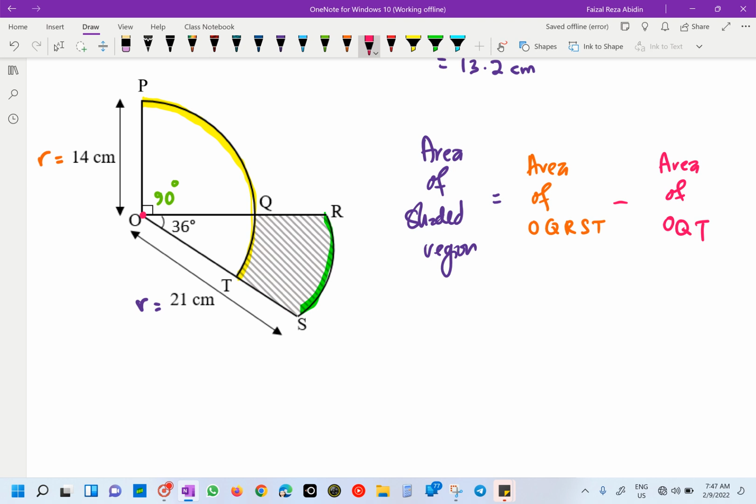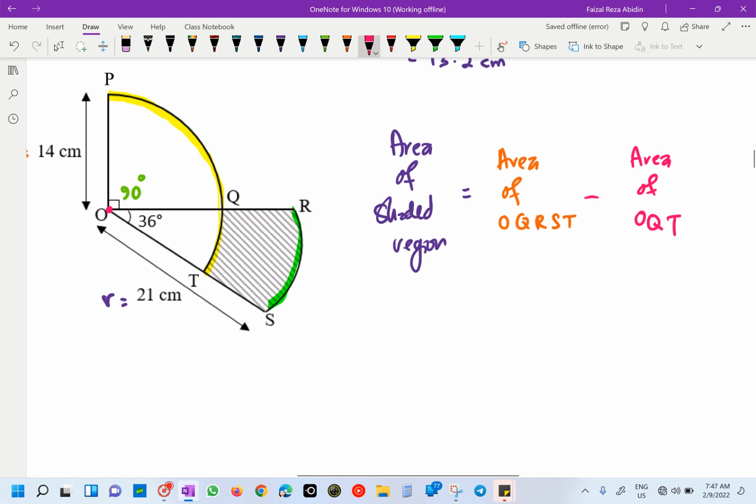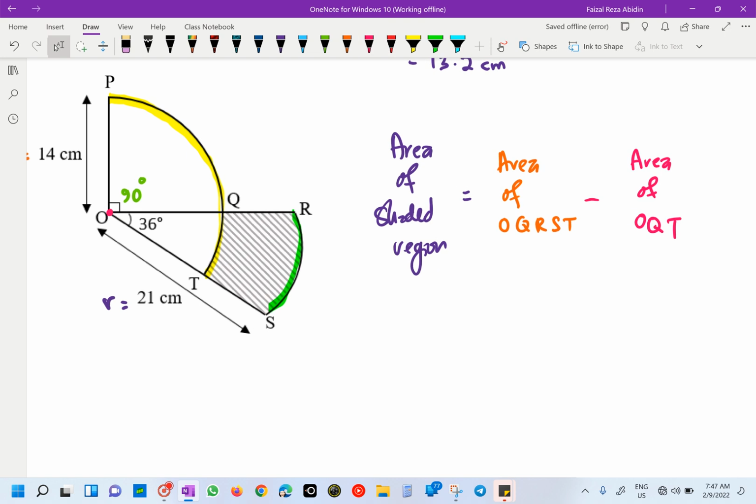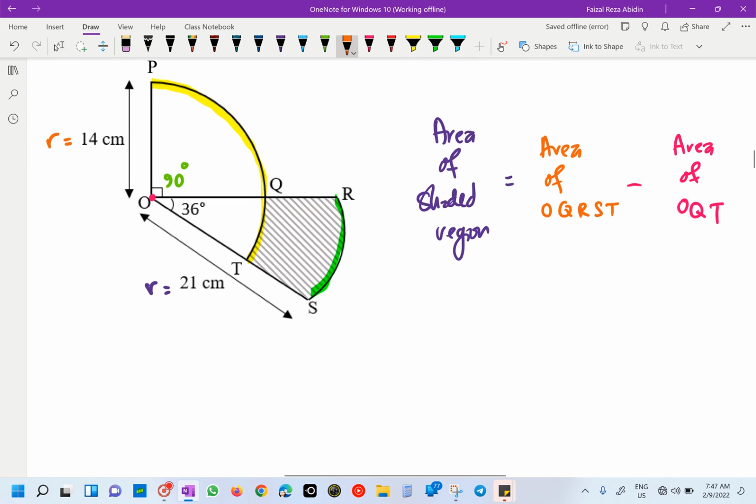Okay, so if you look back in your formula, number 6 formula, the area of sector over pi r square equals to theta over 360 degree. So means that if I want to find the area of OQRST, the whole there, I'm going to find at the other side here.